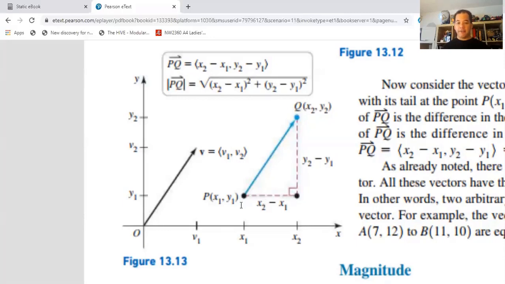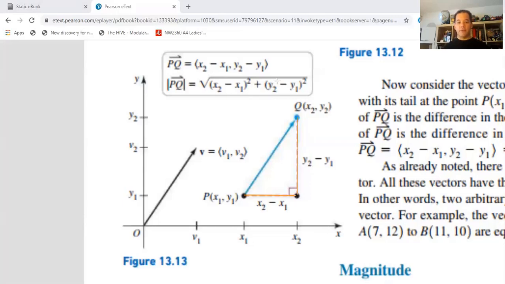And what is this length? Well, this point had coordinate x1 and this other point had coordinate x2. So this difference is x2 minus x1, right? From here to here is x2 minus x1, and from here to here is y2 minus y1.